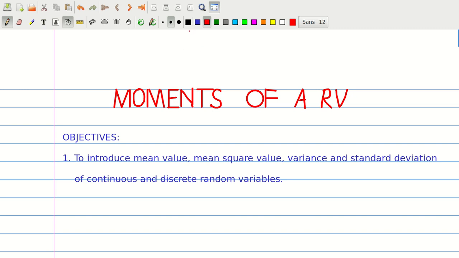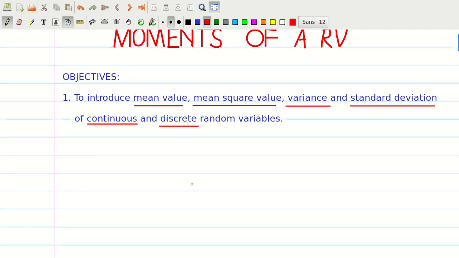The moments that we will talk about in this module are the mean value, the mean square value, and the variance, and the standard deviation, which is the square root of the variance, for a continuous random variable as well as for a discrete random variable.